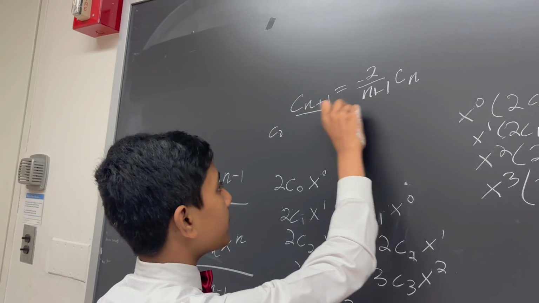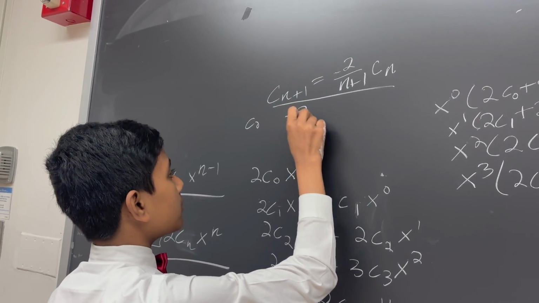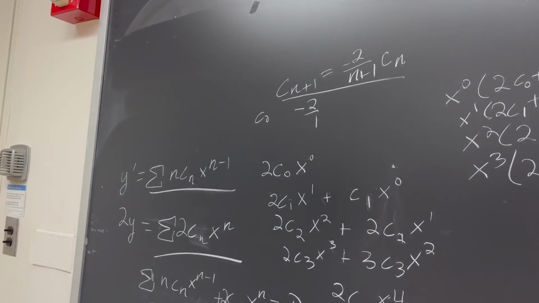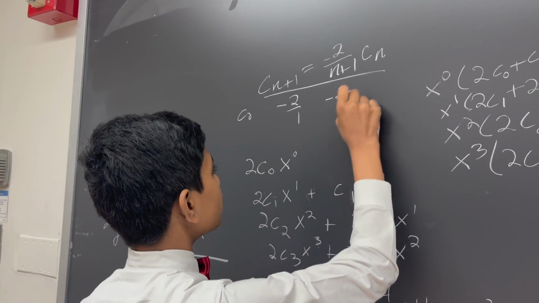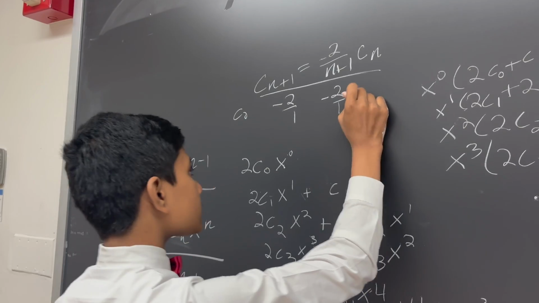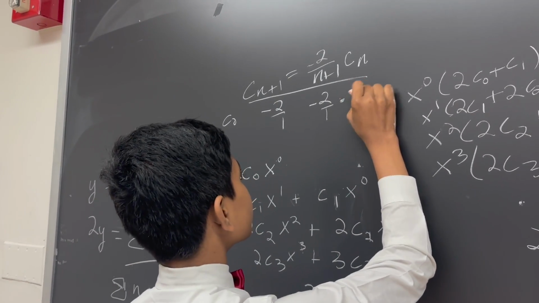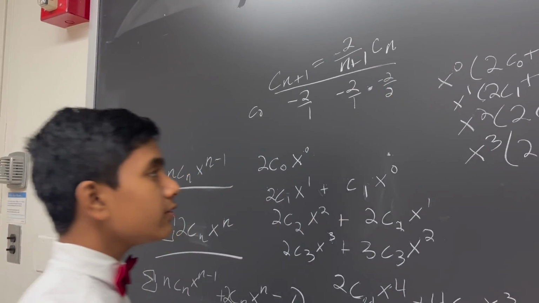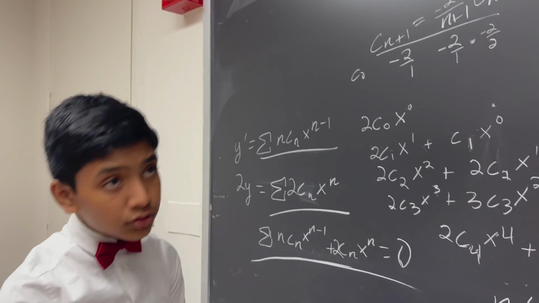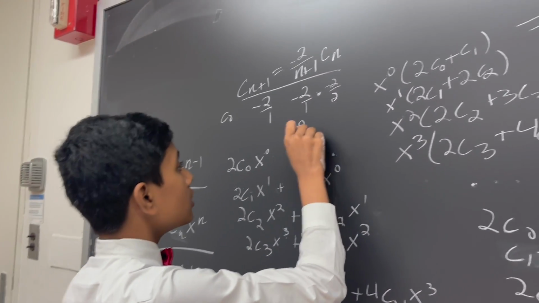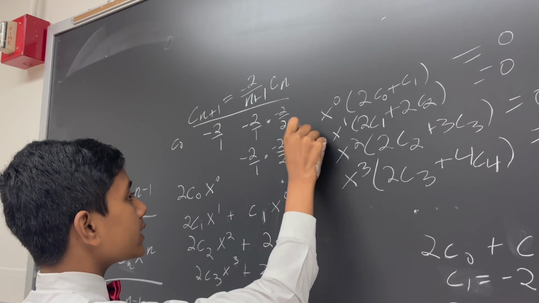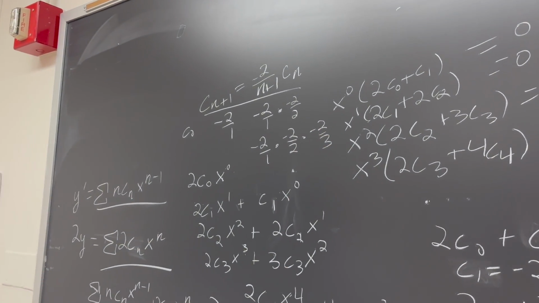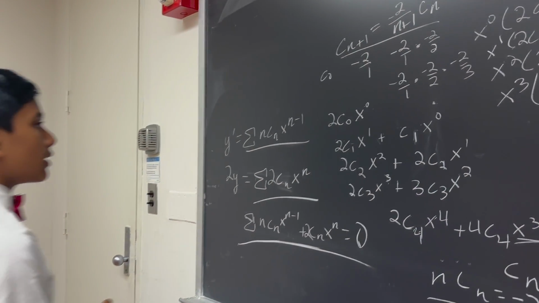Then we multiply it by some ratio, in this case, minus 2 over 1. Then we multiply that by another ratio, minus 2 over 1 times minus 2 over 2. Then we multiply that one by another ratio, minus 2 over 1 times minus 2 over 2 times minus 2 over 3.